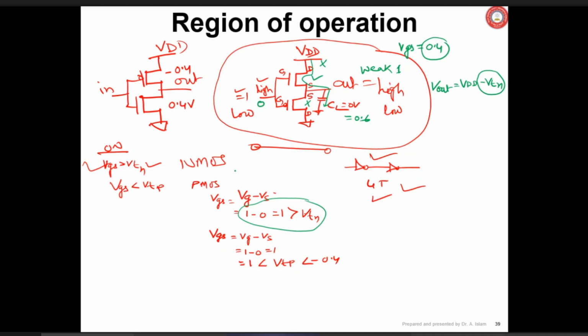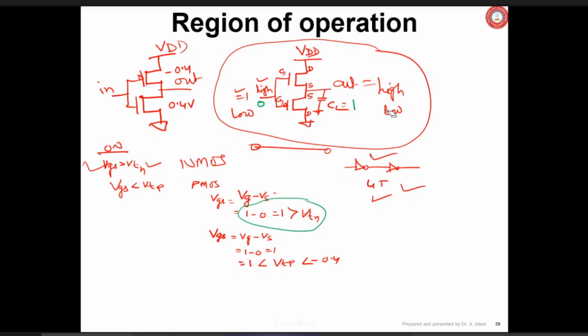And what is going to happen to the state of the MOSFETs? Now, what is the state of the NMOSFET? Let us check the NMOSFET first. Let us take both initially. Let us take P out as 1, high.